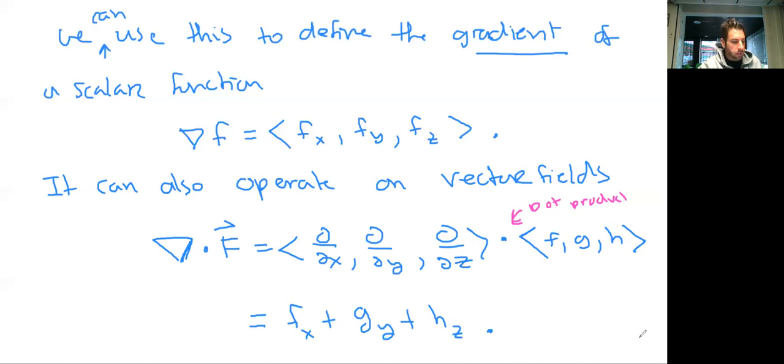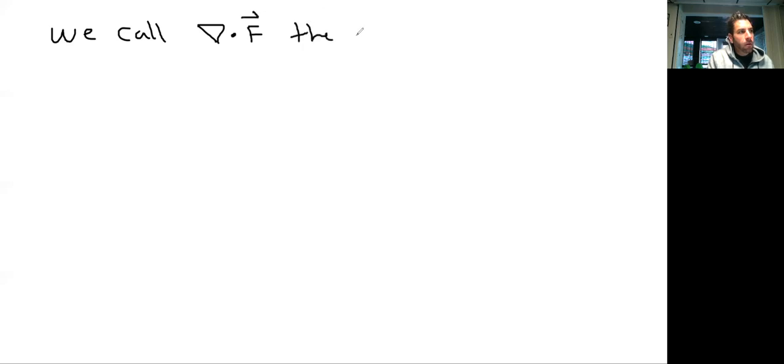So this thing above has physical meaning and is actually very important. So we're going to give it a name. We call del dot f the divergence of the vector field.